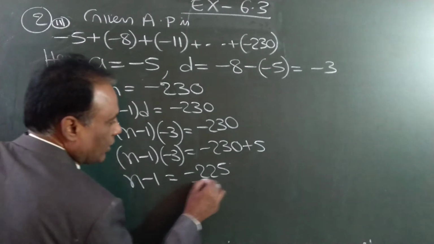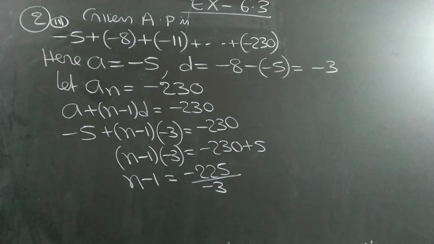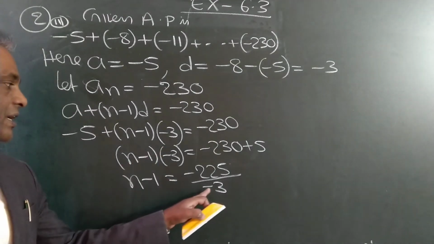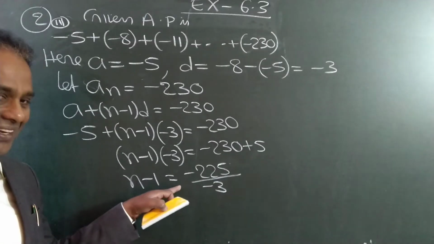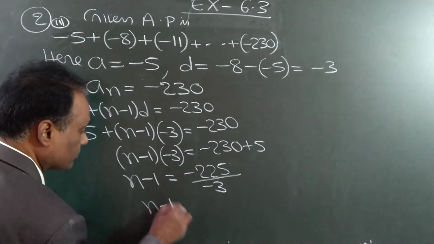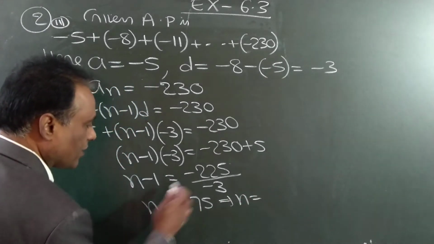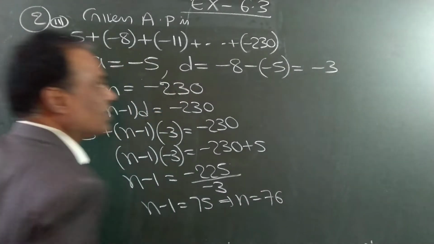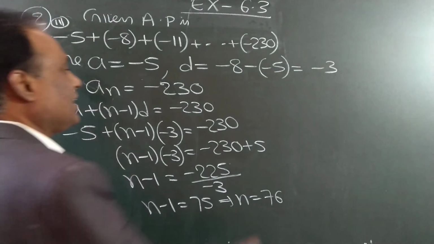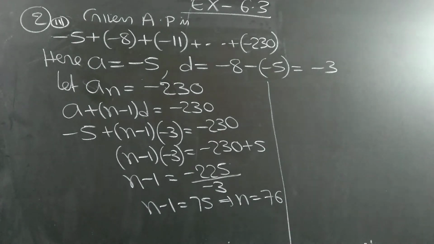Minus 3 will go into the denominator. Minus minus cancel. 3 7s are 21, 3 5s are 15, 75. So n is equal to 75 plus 1, 76 terms. This series has 76 terms.